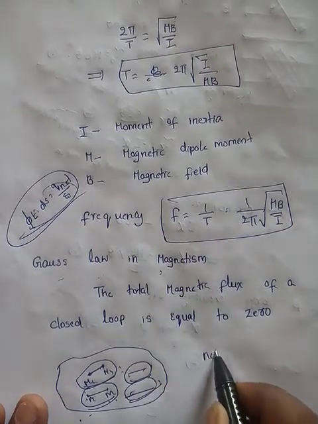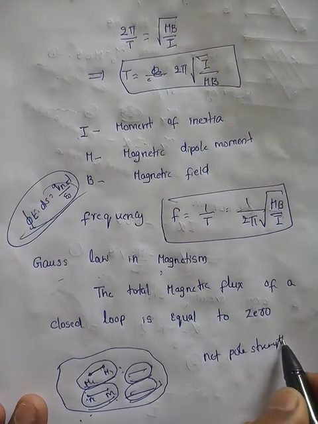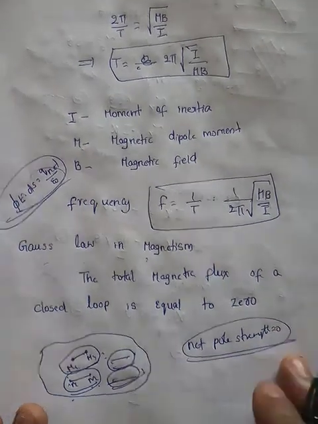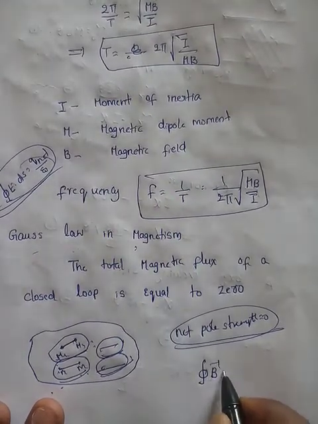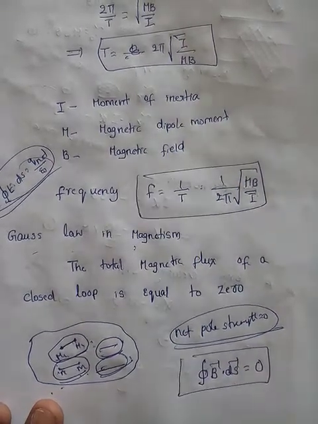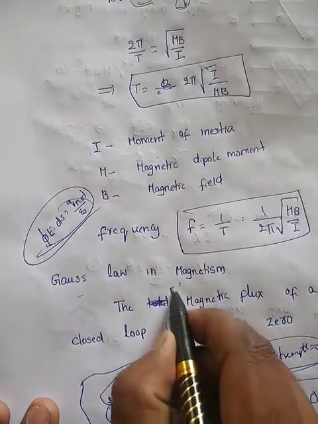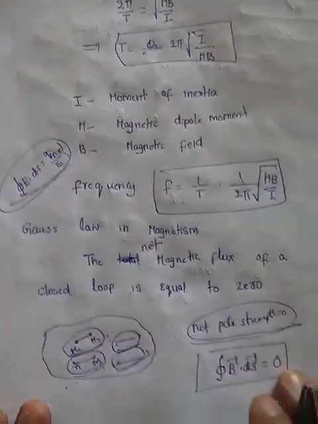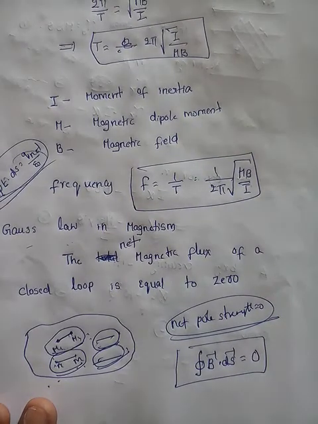The net pole strength is 0. Then the magnetic field, the magnetic flux, is also 0. So the net magnetic flux over a closed surface, instead of total we can say net, because there is no magnetic flux, we can say that the net magnetic flux of a closed loop is equal to what? 0.